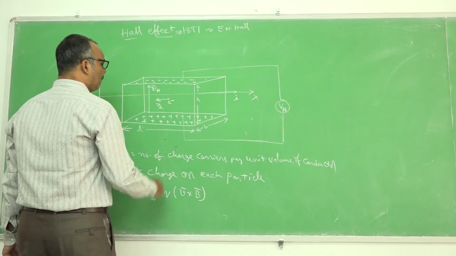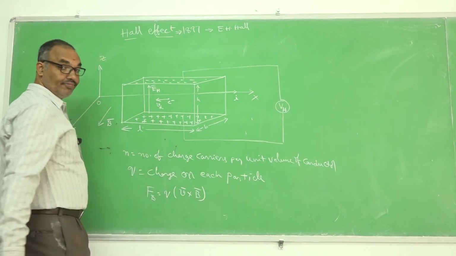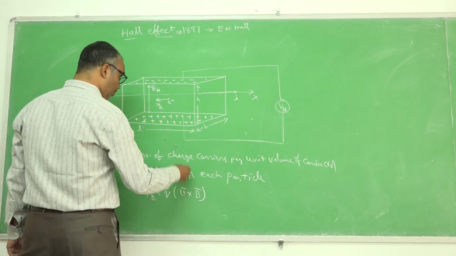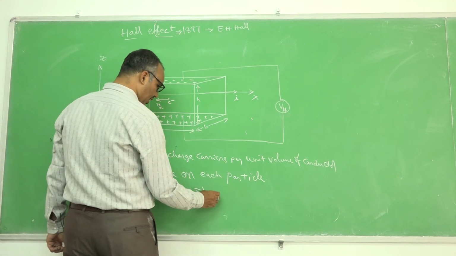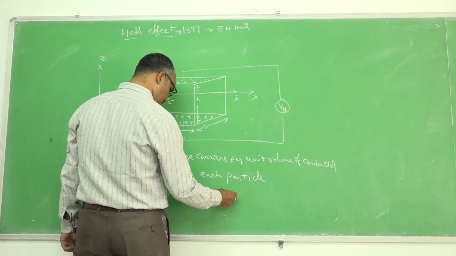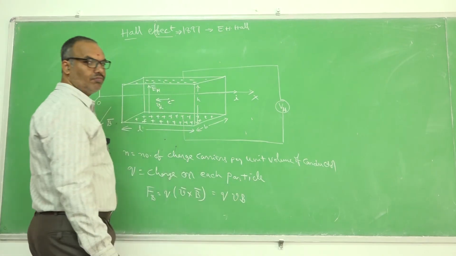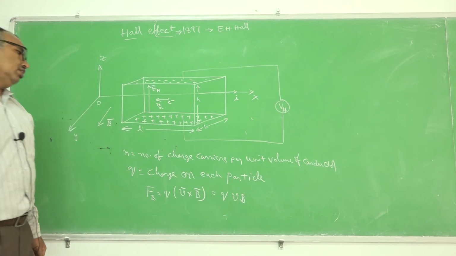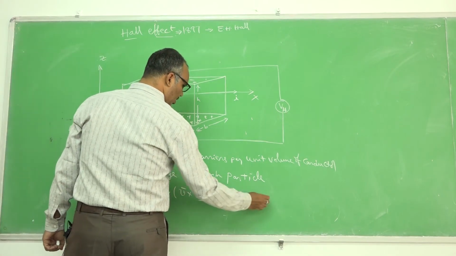V is the velocity of the electron, nothing but the drift velocity. Since V bar is perpendicular to B bar, sin 90 is 1, so it is written as QVB. In the place of charge, you can keep e in the case of an electron.